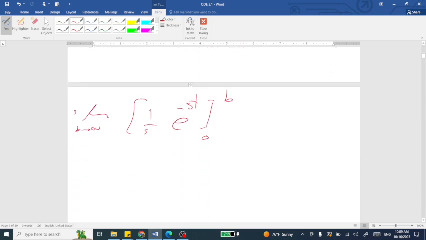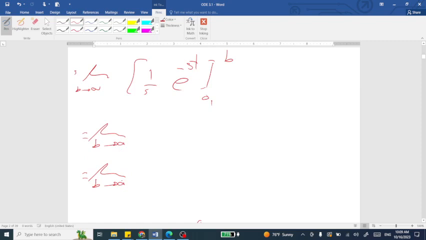So now how do we substitute this one? We are sure that we will get minus 1 over s e to the power minus sb, minus minus 1 over s e to the power minus s times 0. Am I right?